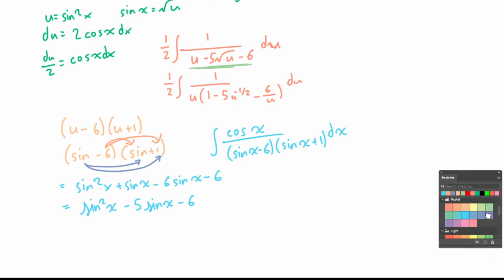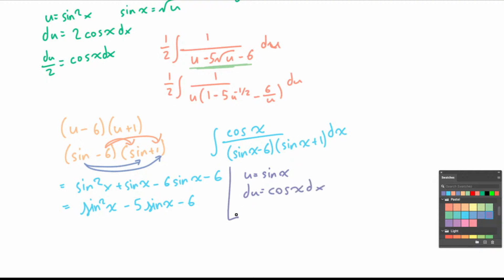Now this we could integrate by, no, we can't integrate by parts. However, if u equals sine x, then we know that du would equal cosine x dx.